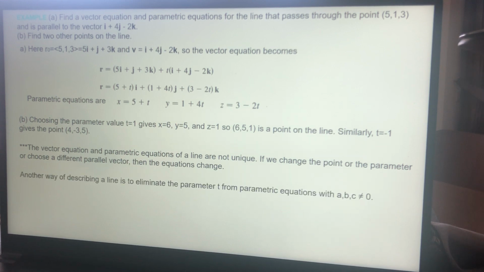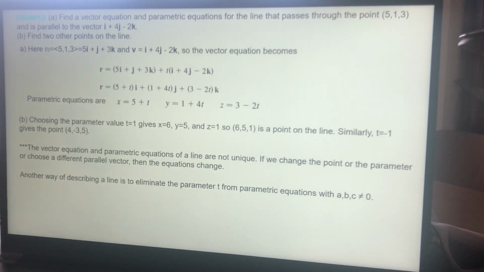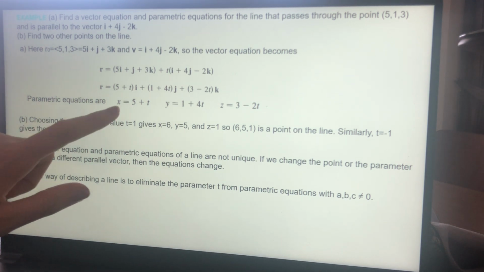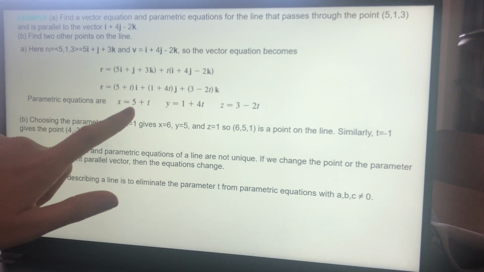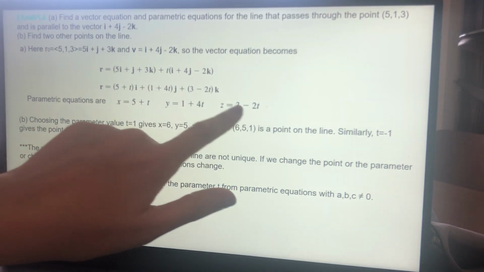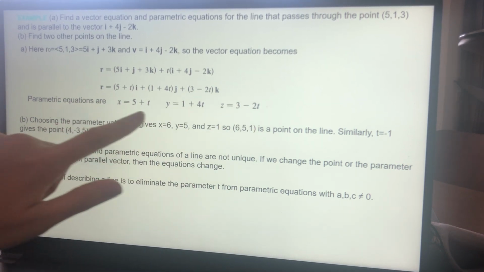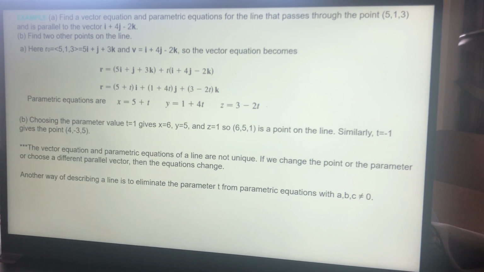Yes, another way to describe a line is the symmetric equation I was telling you. So you have a parameter. If you get rid of this parameter, you can get the symmetric equation of this line. For example, t is x minus 5, t is y minus 1 over 4, t is 3 minus z over 2. And since they are all equal to t, they have to be equal to each other.